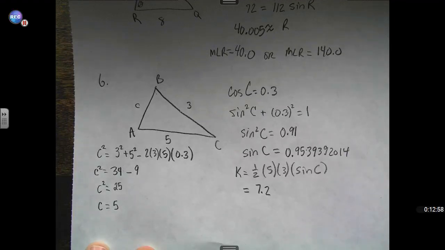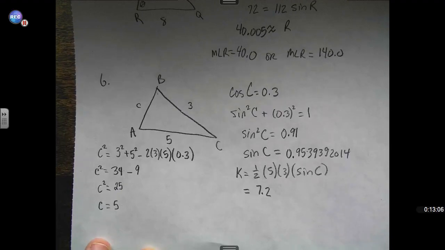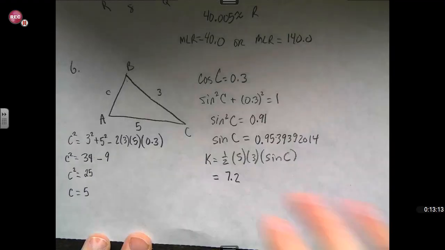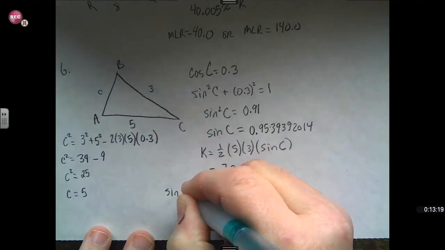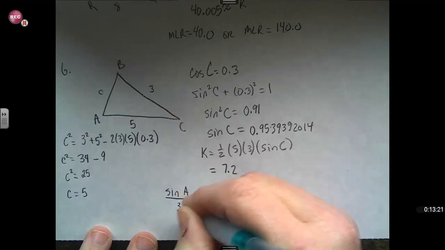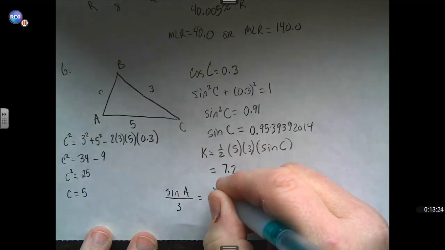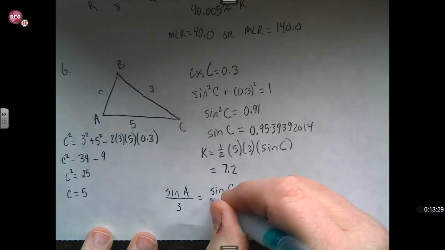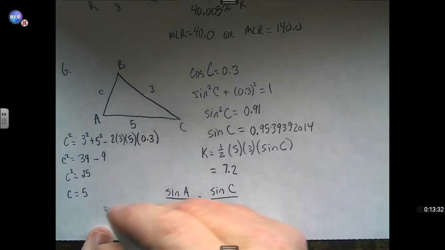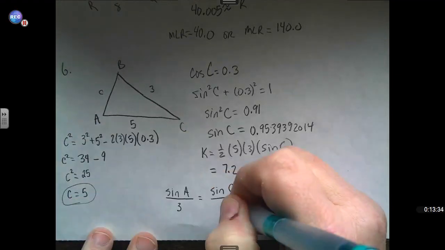And then it says find the sine of a, and to do that, I would probably use the law of sines, where I use the sine of a over a equals the sine of c, which is that big long decimal we found, over c, which is 5.